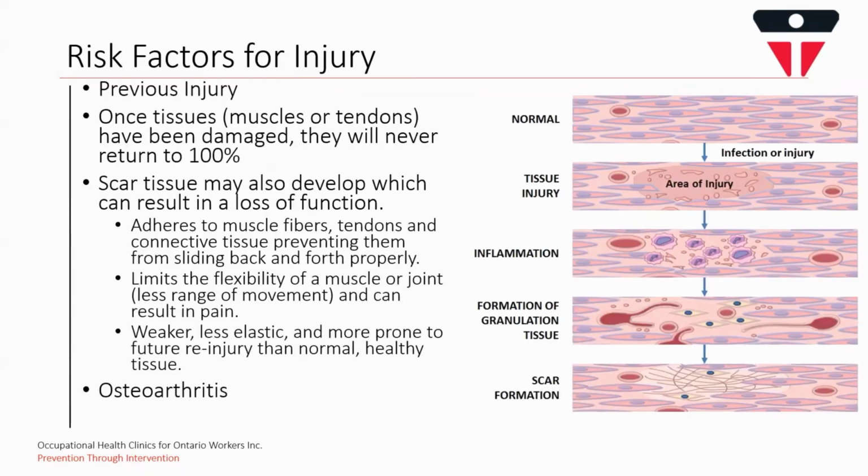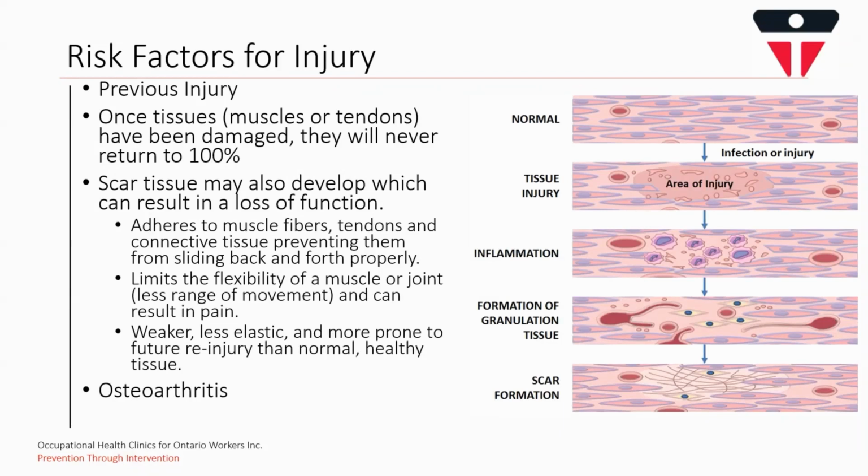So, previous injuries. Once tissues, such as muscles or tendons, have become damaged, they will never return back to normal. Scar tissue may also develop, which can result in a loss of function. Scar tissue adheres to muscle fibers, tendons, and connective tissue and prevents them from sliding back and forth properly.